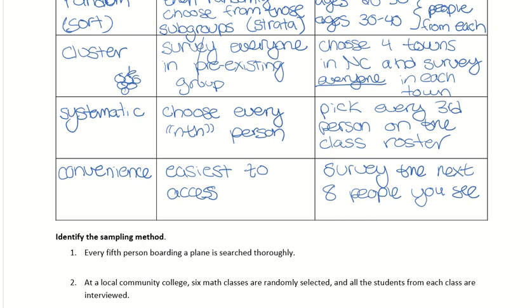That's not a great way to sample because it's very rare that a convenient sample gets you a small group that represents the big group, the population, in a good way.